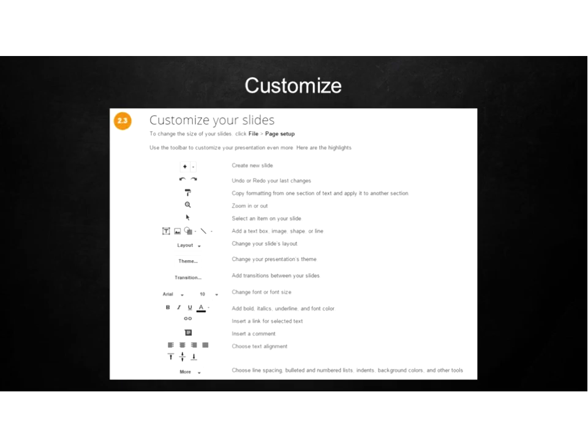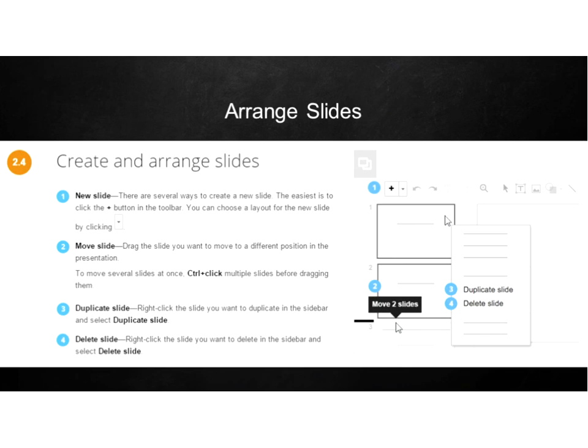So if you're working collaboratively on a presentation, you can use those comments to clarify or ask each other questions. And again, if you're collaborating live, you'll have a chat box that is an option as well, so you can chat with each other while you're working. You can add bulleted lists and change background colors, lots of customization options.